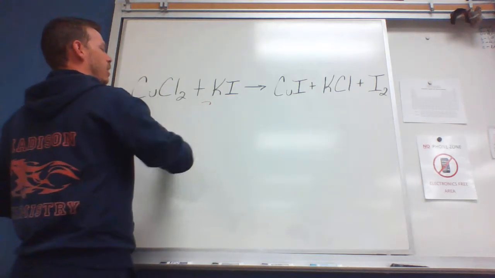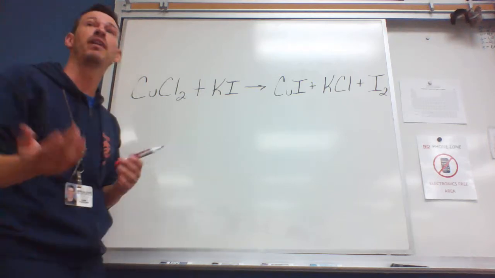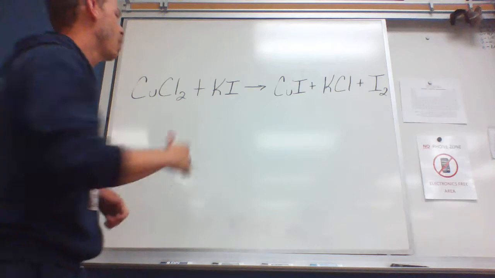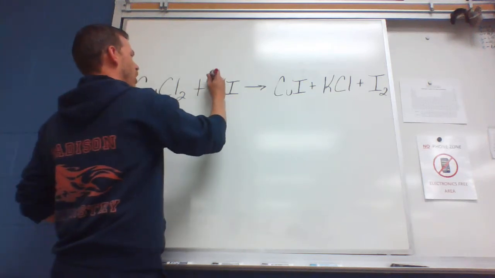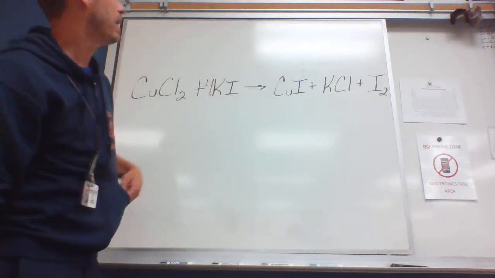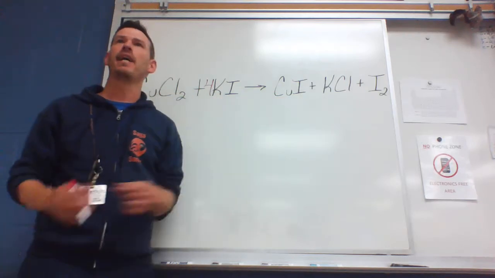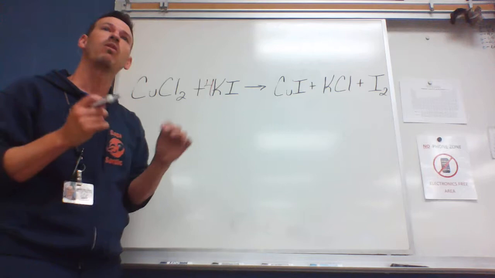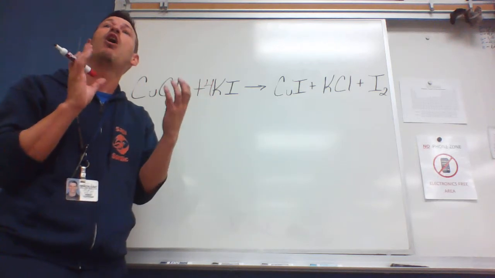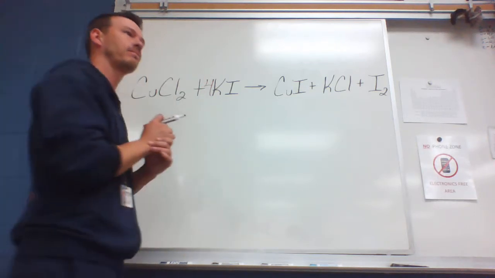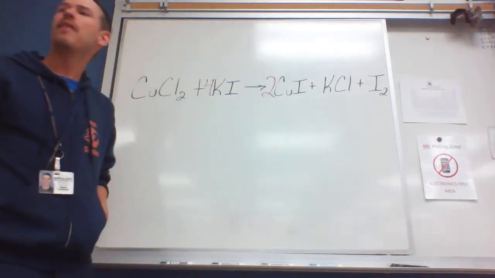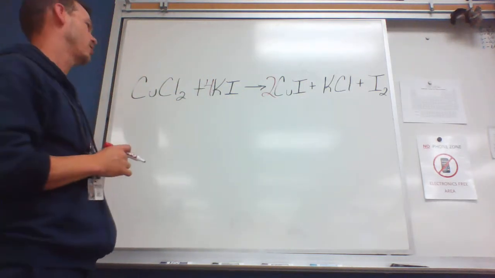There's an easier even number, which is usually friendlier, not always right, but usually friendlier to hit, that we can get on both sides, and I would argue the number 4. Because I can make there be 4 iodines over there very easily. Where would I need to add a coefficient to make there be 4 total iodines on the product side? Right there. The moment you do that, there's a total of 4 iodines over there now.